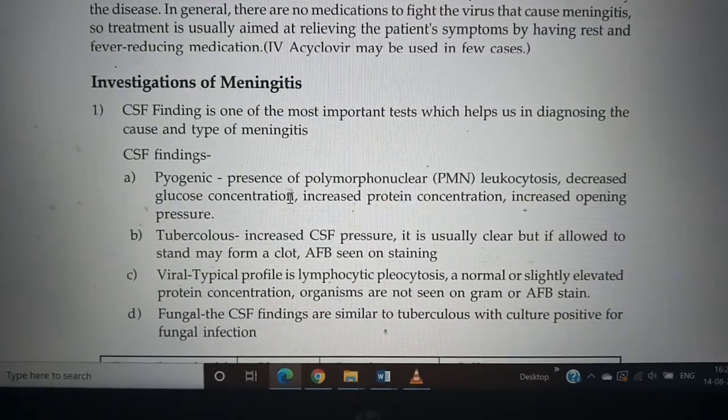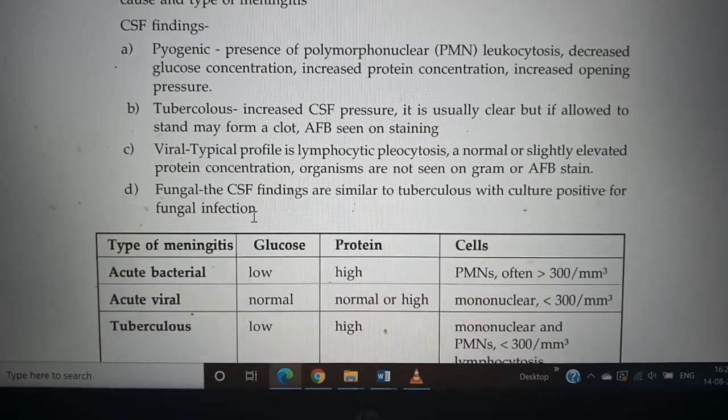So generally for meningitis we can do a CSF test. We take the CSF and check for the presence of bacteria. If we identify any bacteria, tuberculous bacteria or other bacteria, we can differentiate between pyogenic meningitis, tuberculous meningitis and viral meningitis. And if there is fungus in the CSF, the culture will be positive for fungal infection.